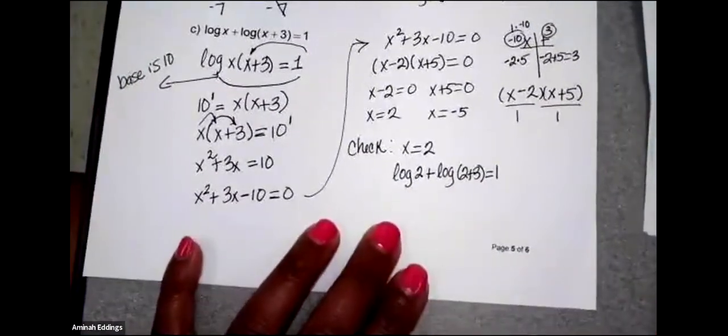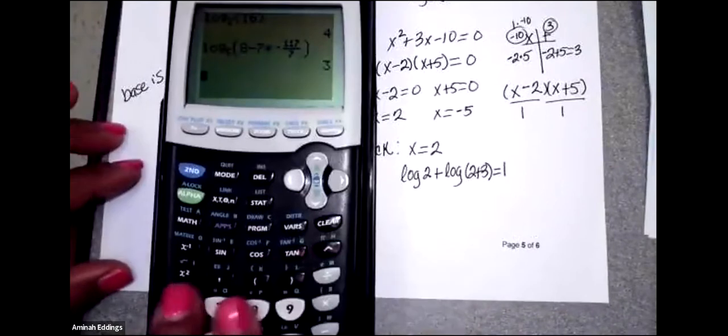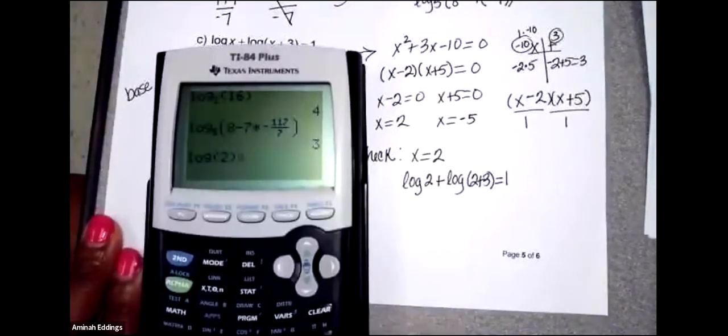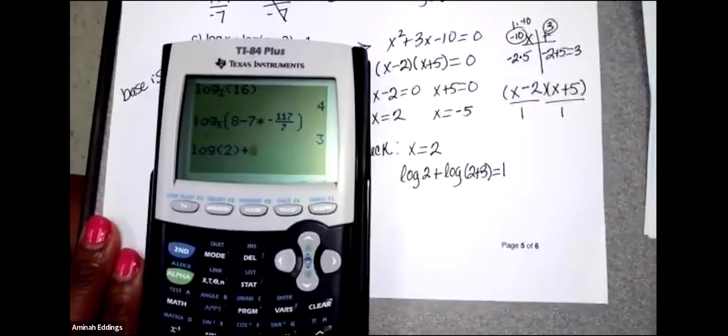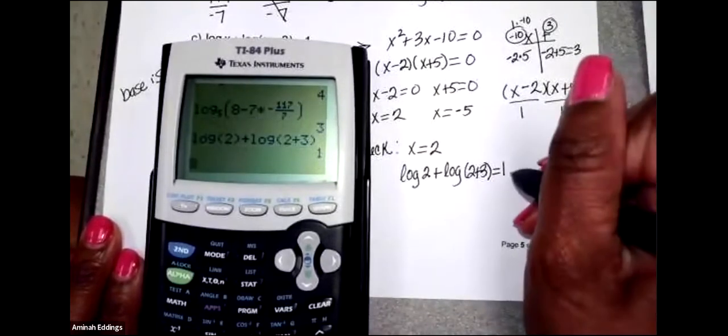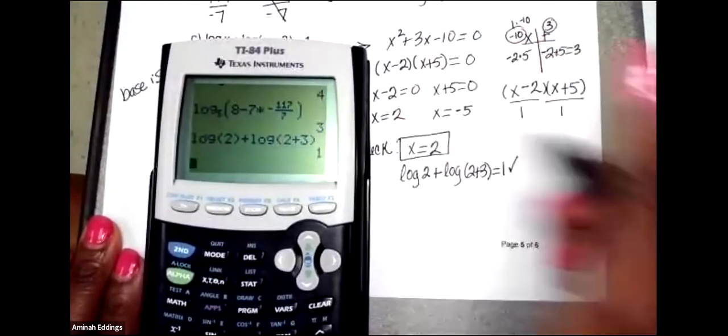Okay, so I see here log, just a regular log, 2 plus log of 2 plus 3, and I get 1. So that means 2 is a solution.